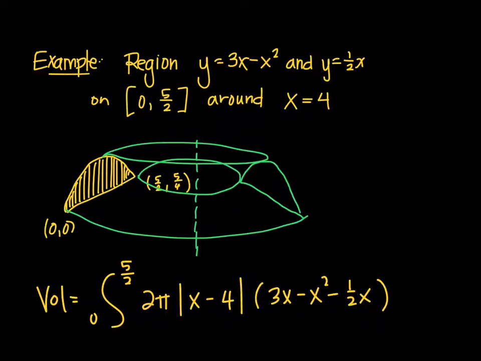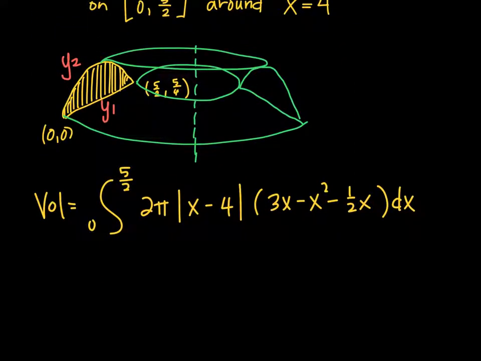We are doing y2 minus y1. So I did have a y2, which was the parabola, and a y1, which was the line. And then that would be dx. And so then we would clean this up. y2 is the one that's higher, the higher of the two compared to the x-axis. All right, so we can pull 2 pi out to the front.